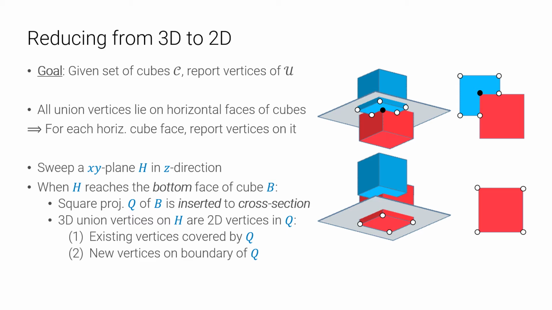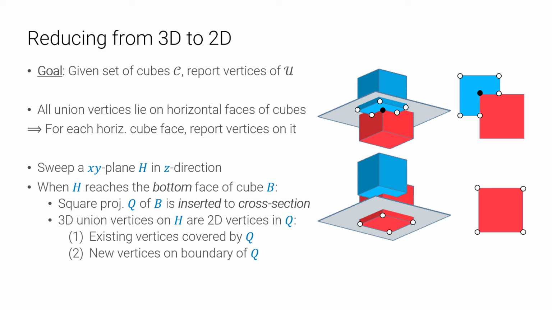Our approach to this is to start with a horizontal plane H below all of the cubes, which we will sweep upwards. And as we perform this sweep, we're going to monitor its cross-section of the union that lies on the plane. So in particular, when H reaches the bottom face of a cube, the square projection of that intersected cube is now being inserted into the cross-section.